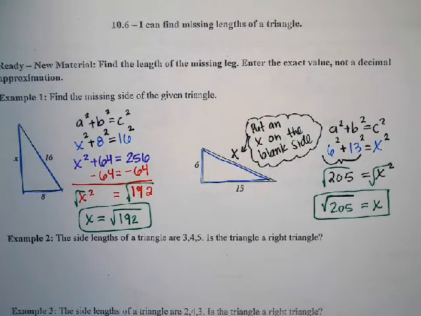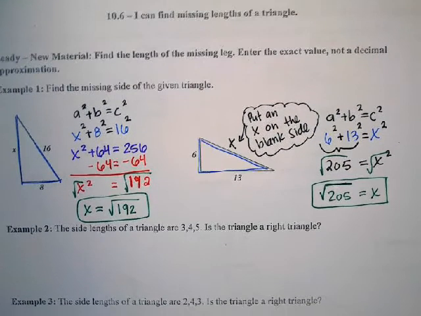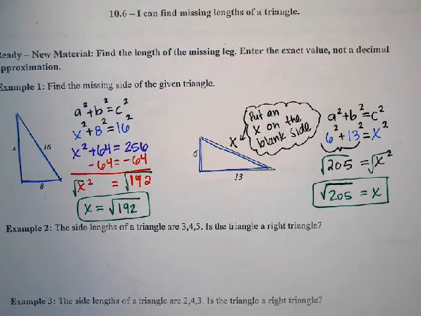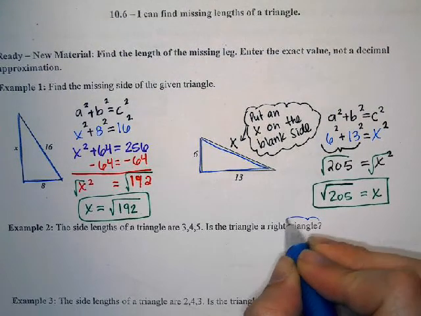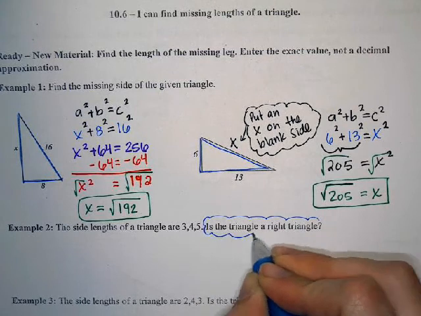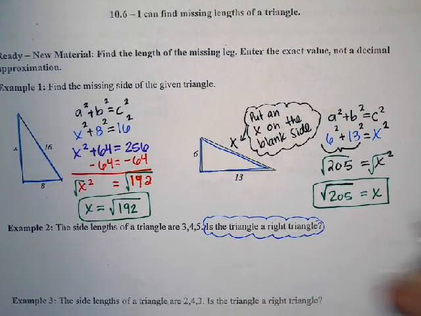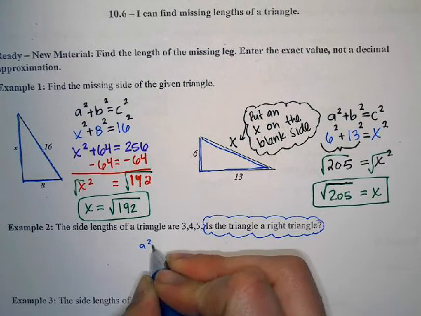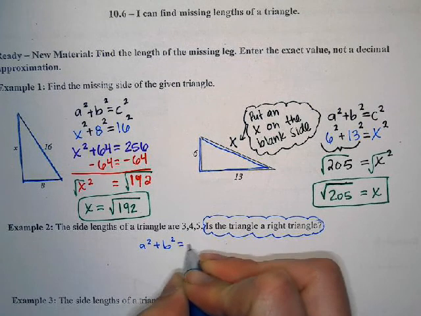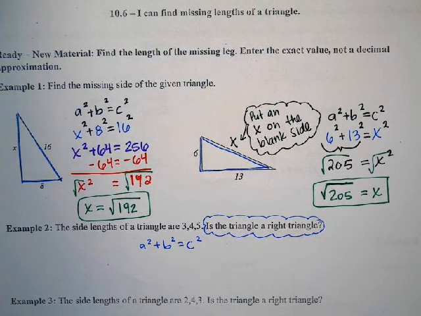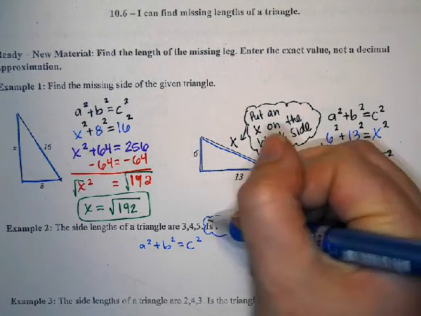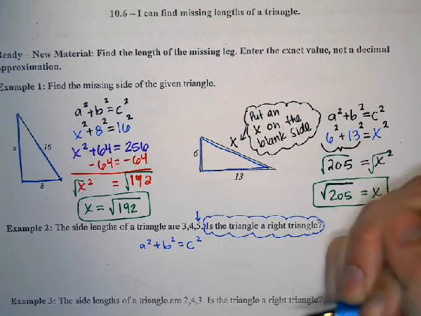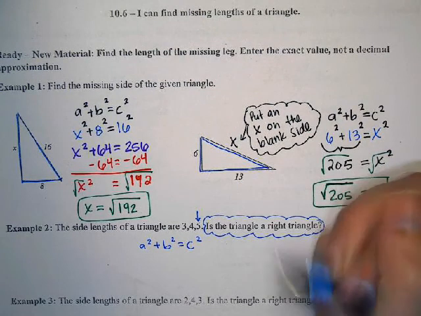Example 2. The side lengths of a triangle are 3, 4, and 5. Is the triangle a right triangle? I'm going to test using a squared plus b squared equals c squared. Which one is the longest side in the list? 5 is the longest.